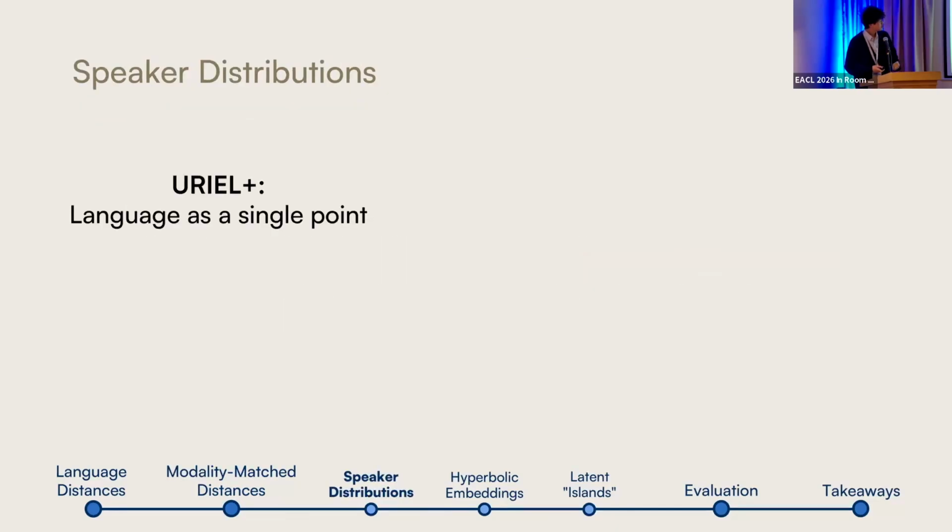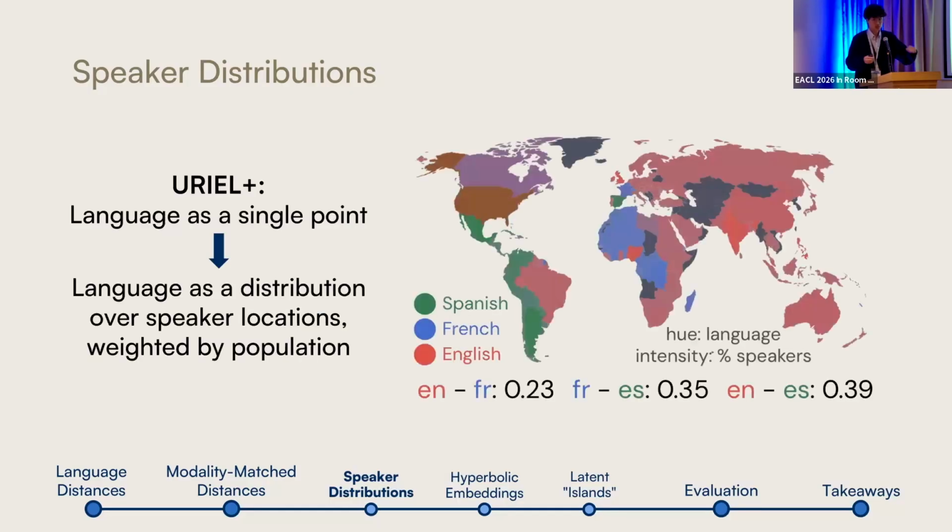For the geographic distribution, we want to account for the fact that languages are diverse. They're spoken in tons of different places around the world, even for English, especially for English, actually. So we move from treating languages as a single point to modeling the distribution of languages across the entire world, where we measure for each language the proportion of speakers in each country.